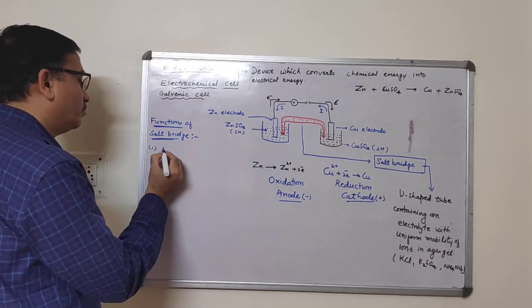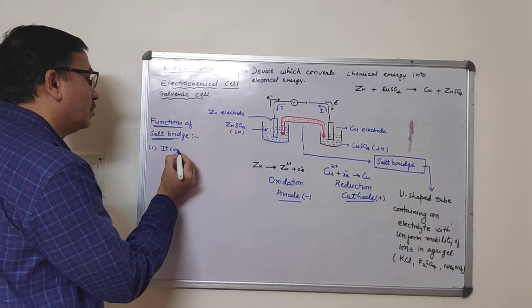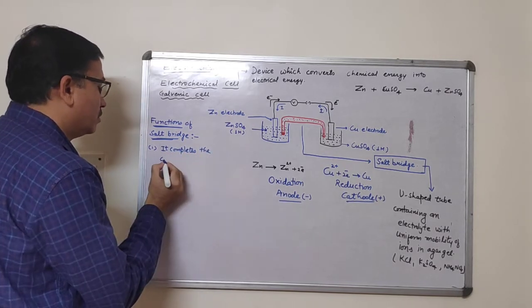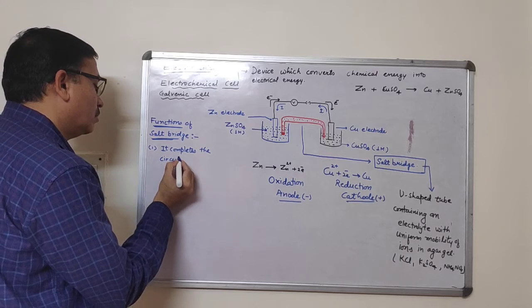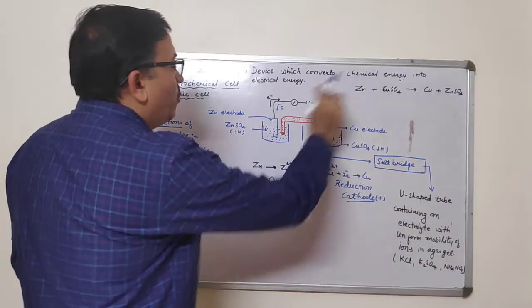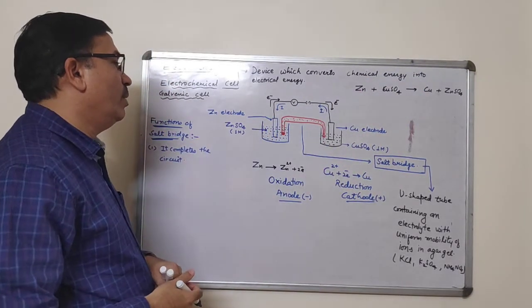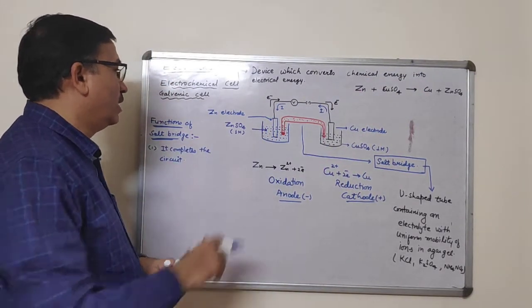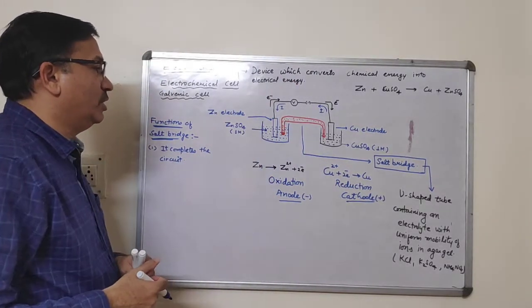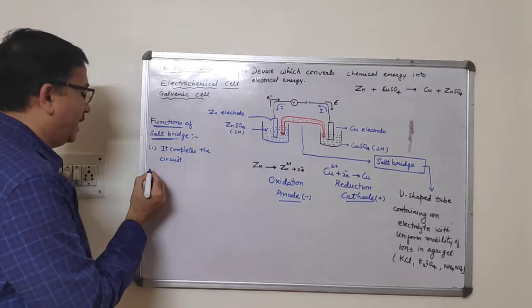Number one, it completes the circuit. If I remove this salt bridge, your circuit will not be complete, right? The reaction will not occur. When I put the salt bridge in, the reaction occurs.